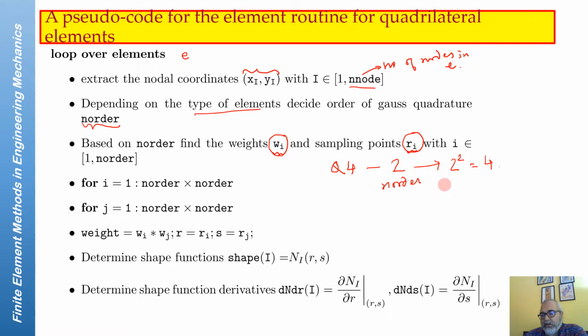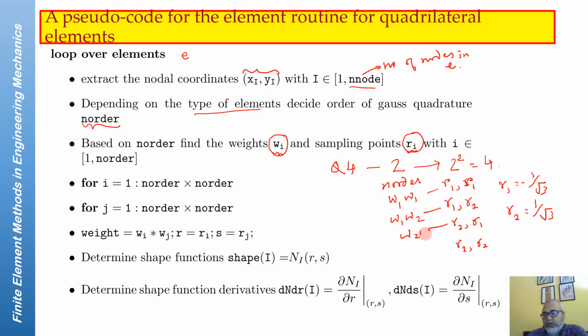So we will have the Gauss points as integration points R1 S1, R1 R1, R1 R2, R2 R1, and R2 R2, where R1 for second order is minus 1 by root 3 and R2 is 1 by root 3. For R1 R1, the weight will be W1 W1. For R1 R2, it will be W1 W2. This will be W2 W1, and this will be W2 W2.